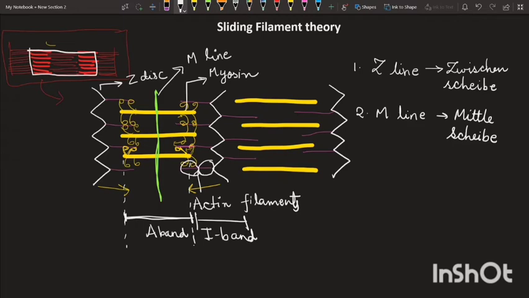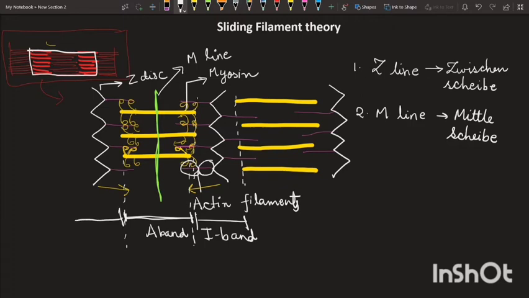Understood what is the difference, right? So the A band has myosin as well as overlapped portions of actin, and the I band has only the non-overlapping portions of actin.